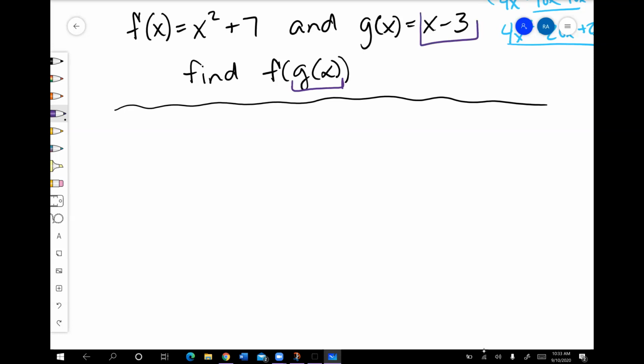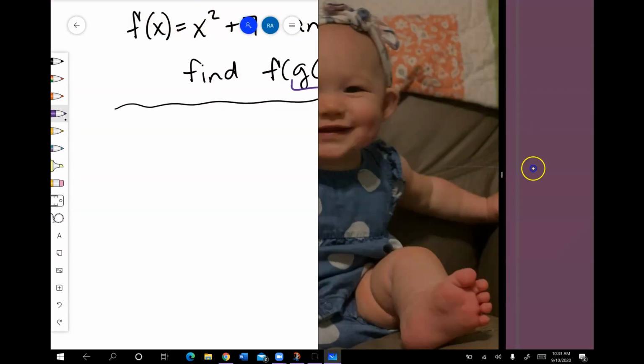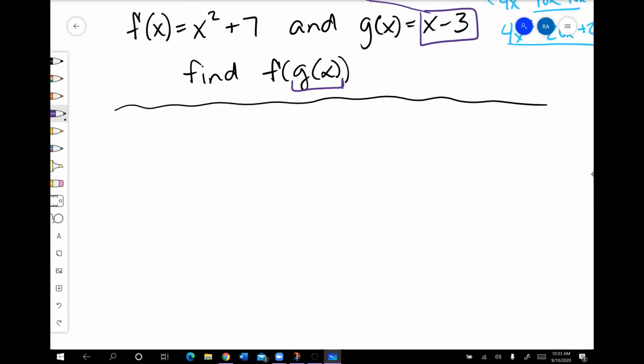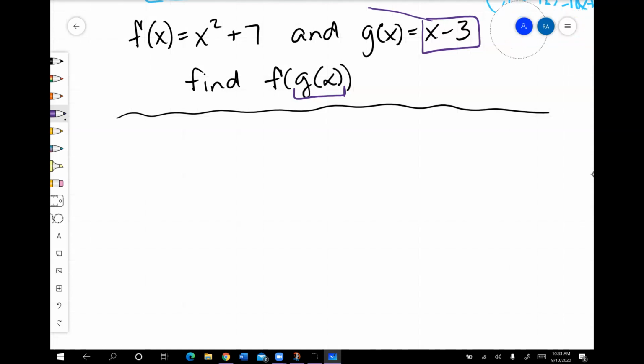So I want to take this g of x function right here and I want to substitute that x with that, okay? So, that's what I'm going to do. I want to take this x and substitute it for x minus 3.